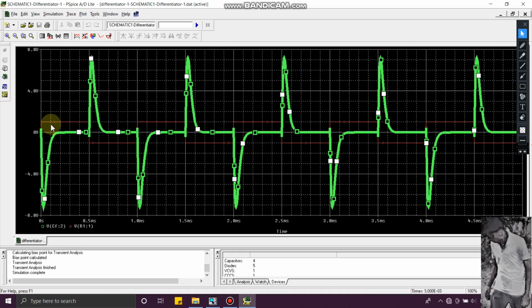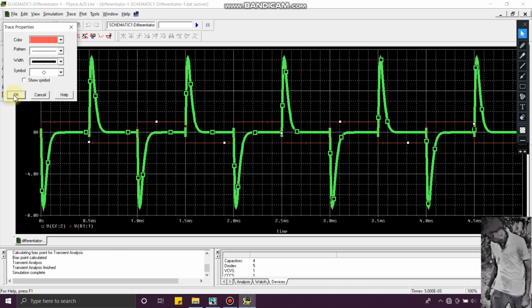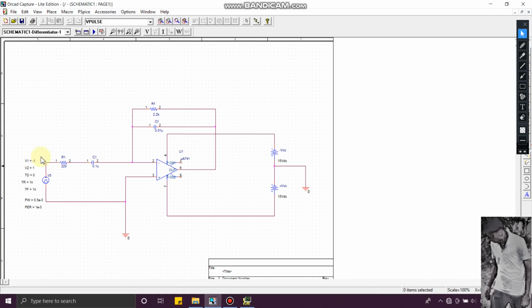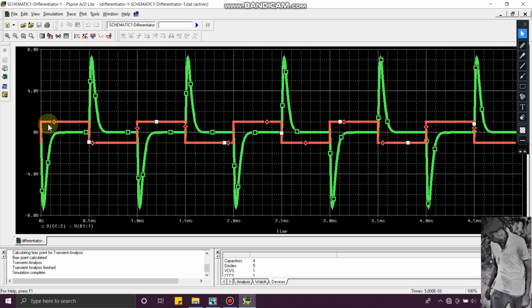My input is this red one, the square wave. You can see the amplitude is 1. I have given the amplitude of 1, so we have generated a square wave of magnitude 1 and a time period of 1 millisecond.